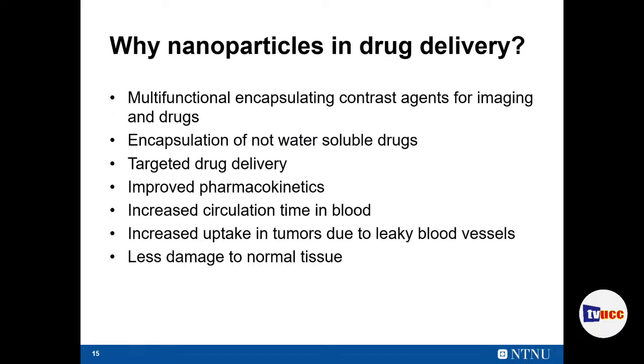So there will be some gaps, some space between the endothelial cells forming the vessel wall, and they are typically some 100 nanometers, which is perfect for nanoparticles to cross. I will come back more to this point because this is very important. Since nanoparticles can cross this leaky vessel, but will not cross normal vessels because they are not leaky, we have less damage to normal tissue.